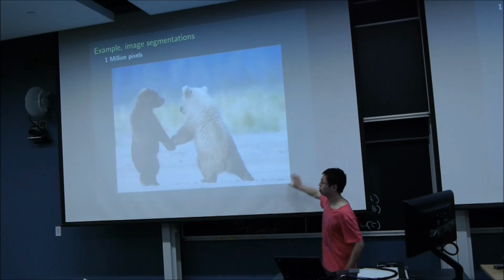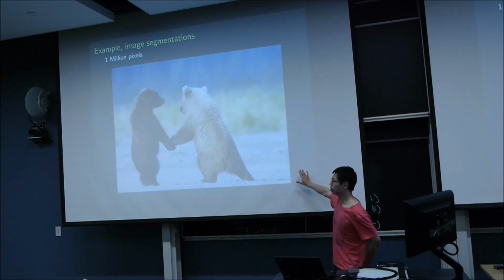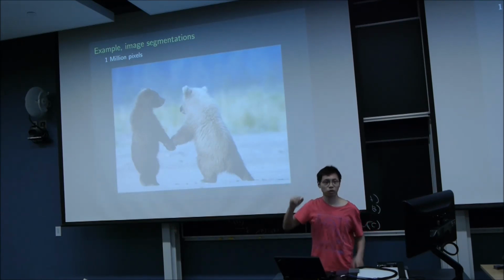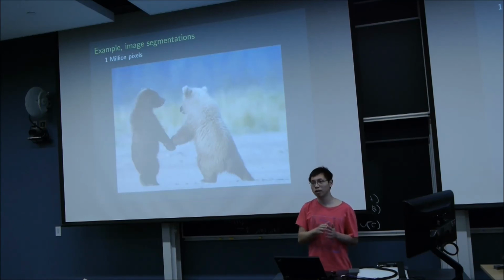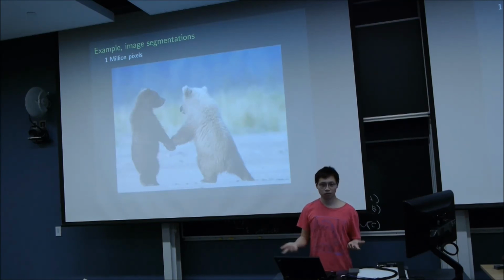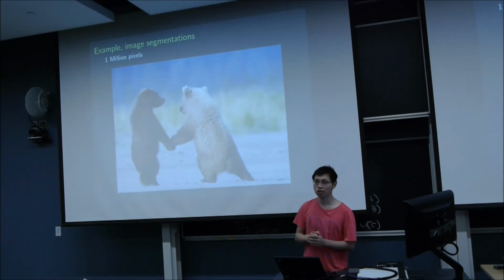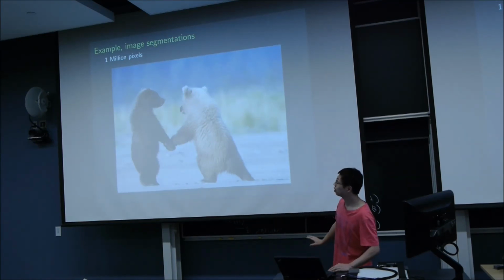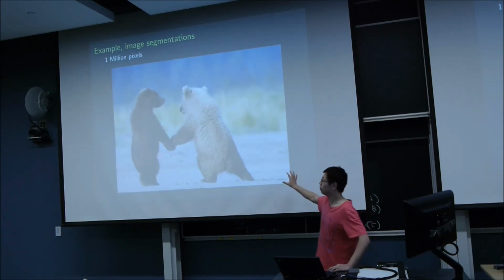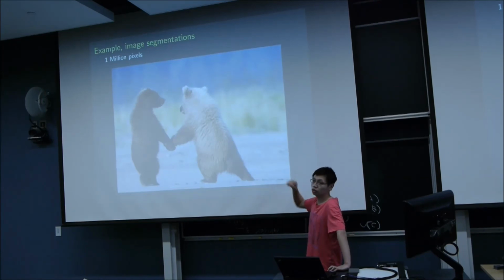This is about a 1 million pixel image, so the kernel matrix is about 1 million times 1 million. Then you do PCA, computing the leading eigenvectors of that kernel matrix. For example, if you want 3 segments, you divide the image into 3 parts.